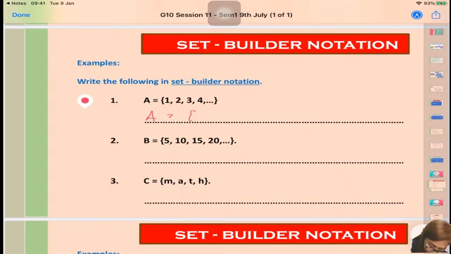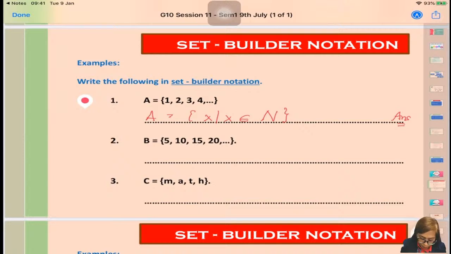So I can write set of all x such that x belongs to big letter N, meaning counting numbers. So this is the answer in set builder form. Okay? So we do not use a comma in this case. So we have to build some words and symbols to form the answer in set builder notation.